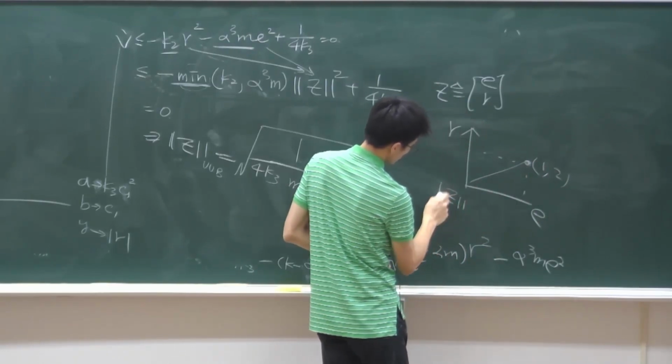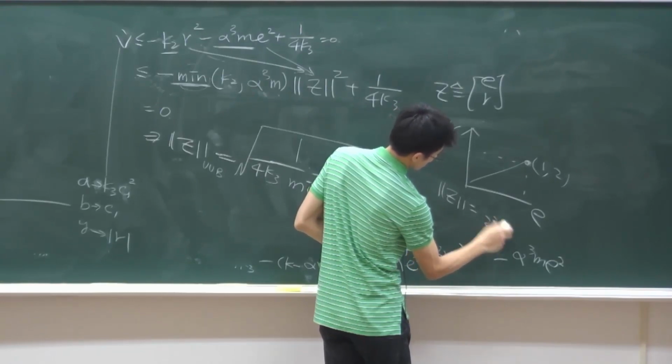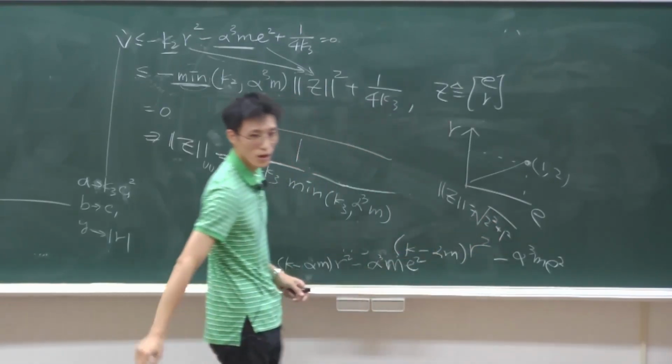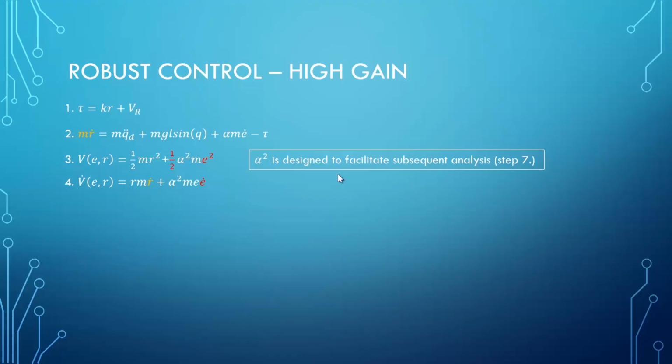If M is time variant, when you take the time derivative, there will be a dot here and one more term, so it will be more complicated.